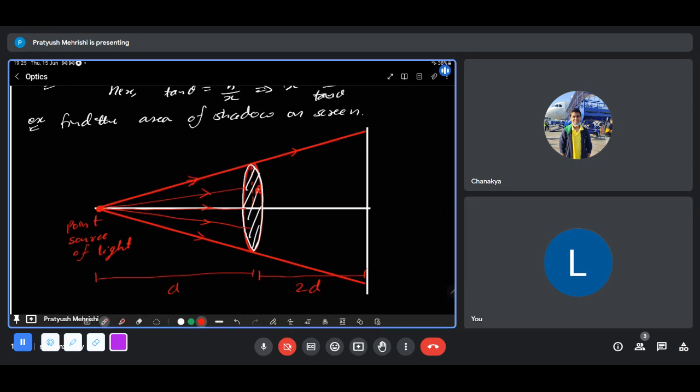Its radius is given as capital R. This distance is 2d, and this is the screen here. The question is, what will be the area of the shadow on the screen? This is a circular disc. Solve it now.